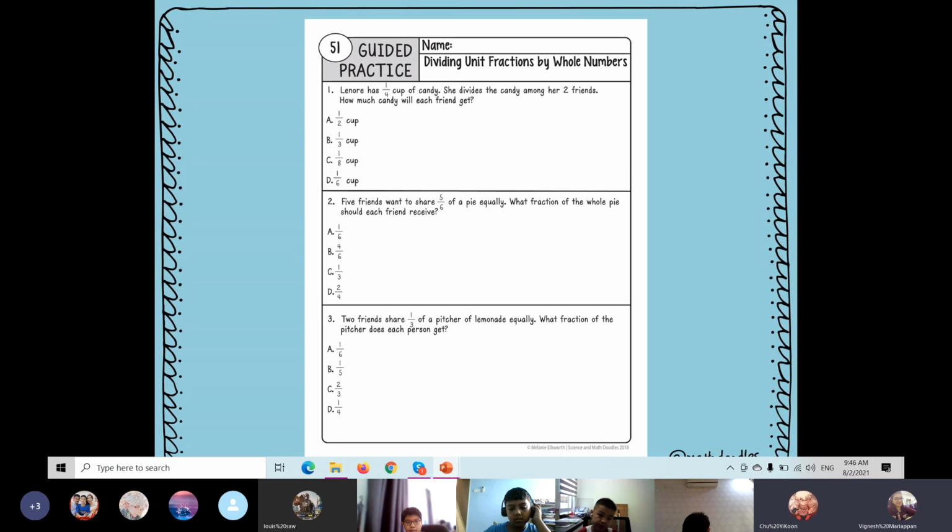First fraction remains same, 5 over 6. Multiply, only you have to flip the second fraction, 1 over 5. 5 over 6 times 1 over 5 equals to 5 over 30. Very good. So do we need to simplify? Yes. What is your answer after simplify? 1 over 6. Very good. So the answer is A.